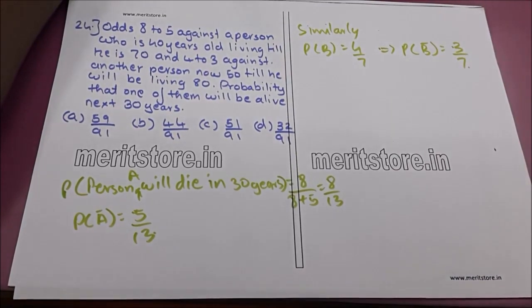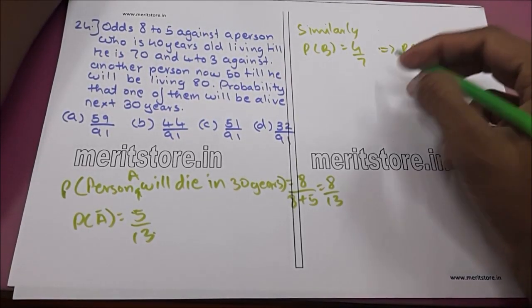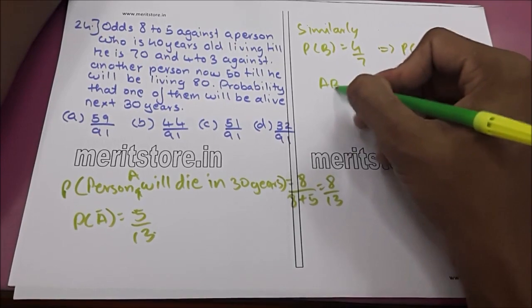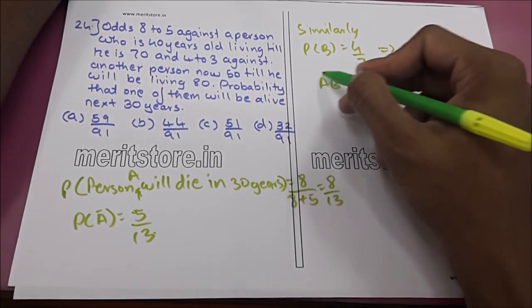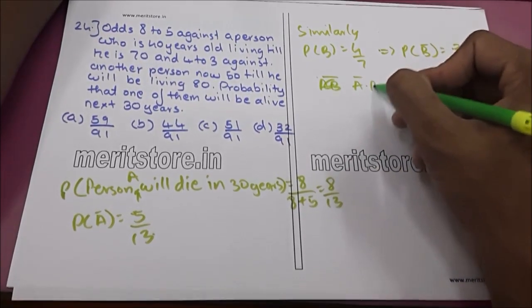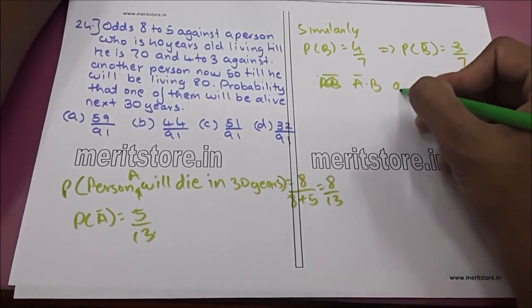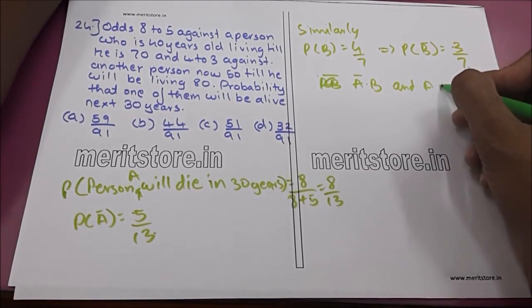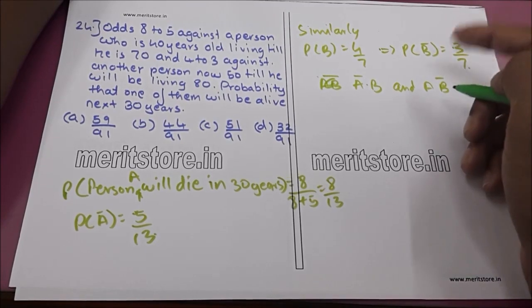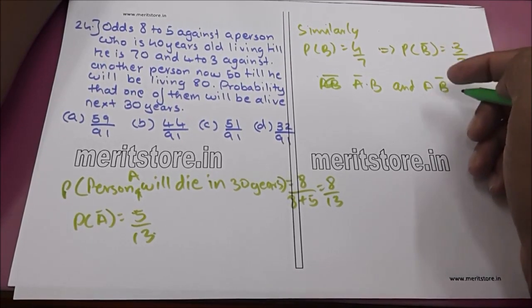There are 2 ways in which one person is alive after 30 years. That is A bar into B, and A into B bar, and events are independent of each other.